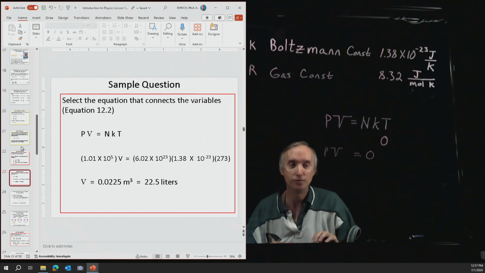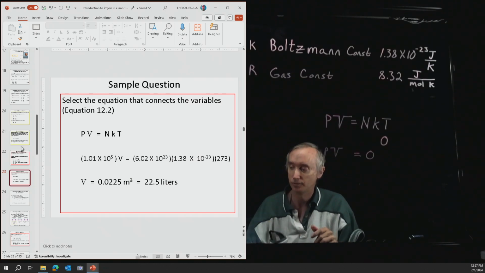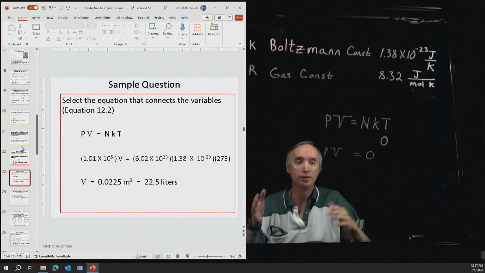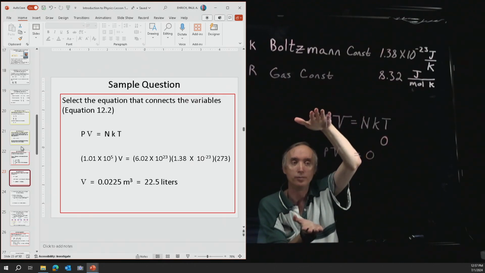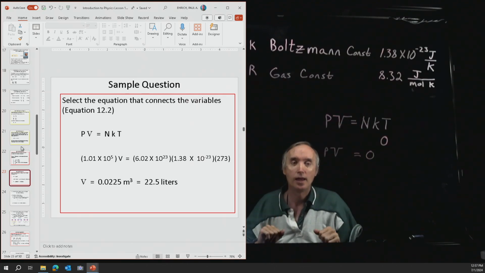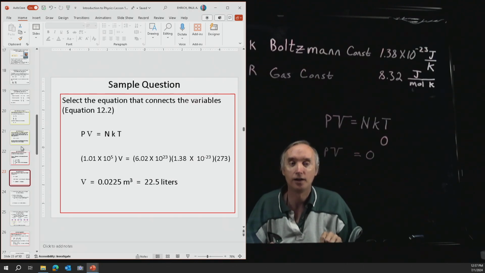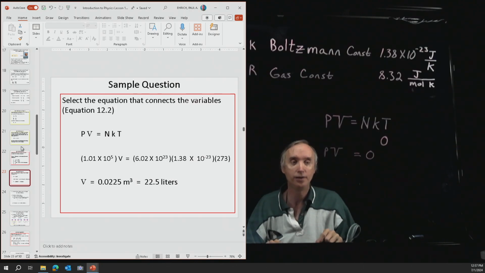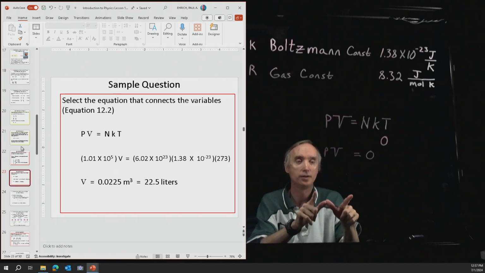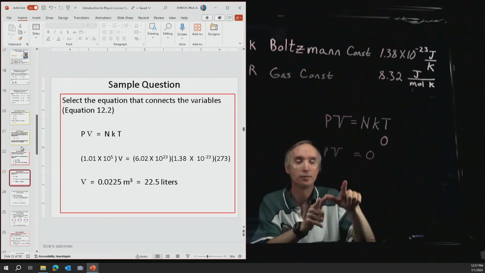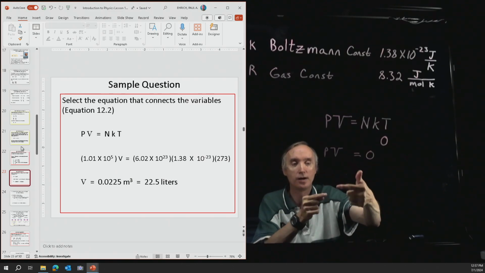And I will let you do that, and it turns out that it's 0.0225 cubic meters. And remember that 1 cubic meter would be 1 meter by 1 meter by 1 meter. And that turns out to be 22.5 liters, where a liter is going to be 10 centimeters by 10 centimeters by 10 centimeters.